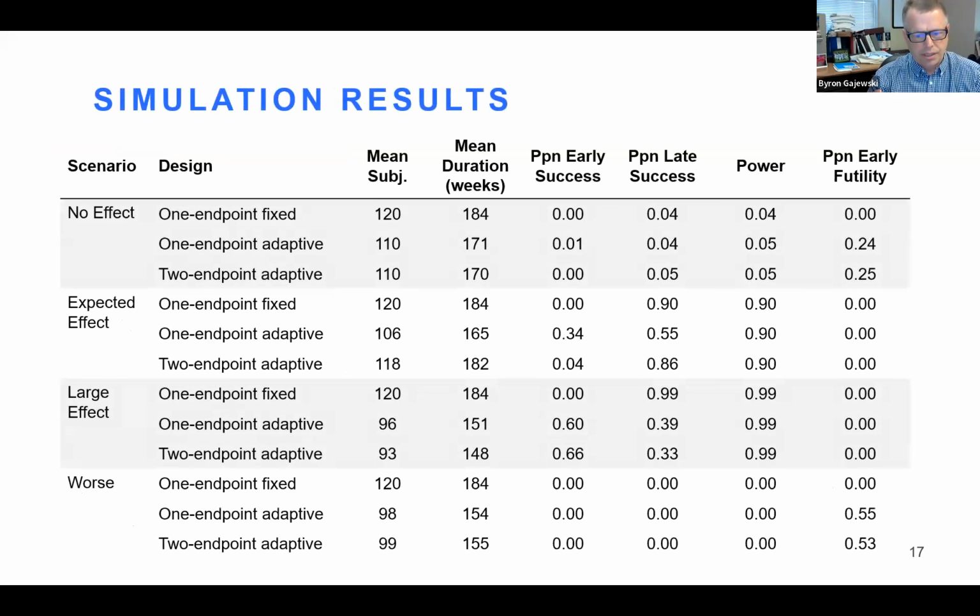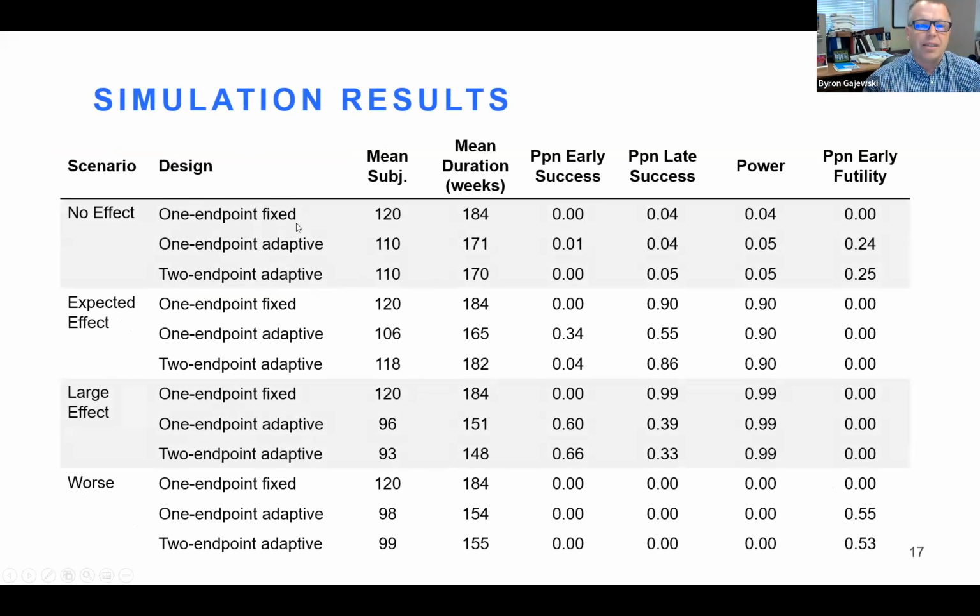Okay, so this table is going to be broken down into pieces. I will say there are three different designs we considered. The first is the two endpoint adaptive. That's the design we've been talking about the last several minutes. I also wanted to compare it to a one endpoint fixed design.